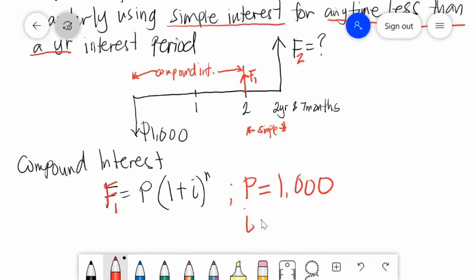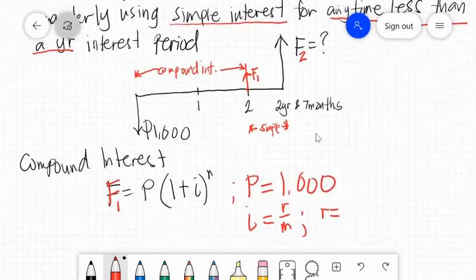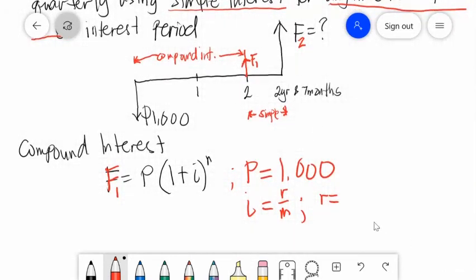Our I here is equal to R over M, where R is the rate of interest. What is the rate of interest? 8% compounded quarterly. So 0.08.